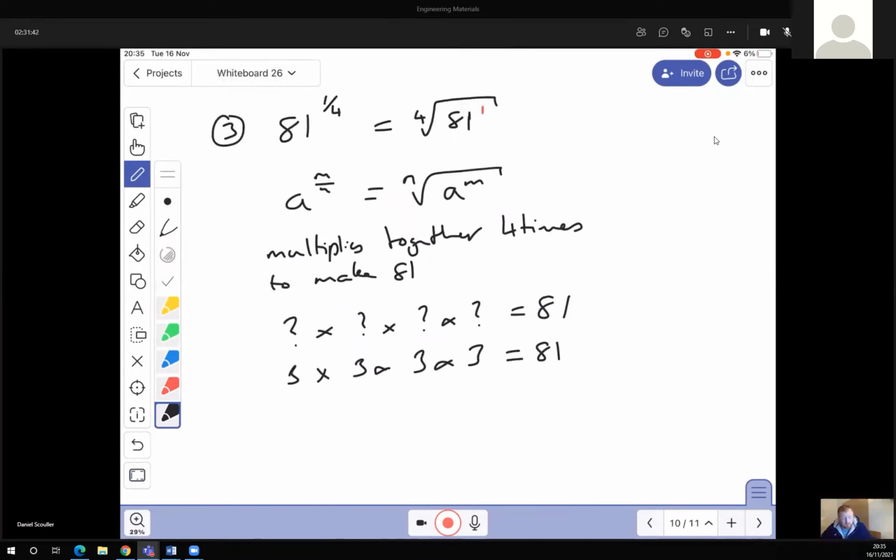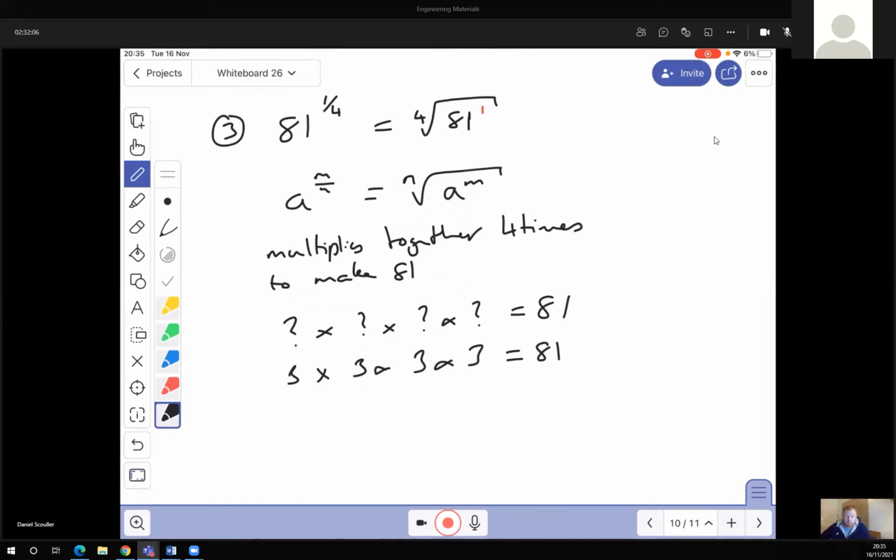So what looks quite difficult can be done quite easily. This is quite a common format to come up in your non-calculator paper. So you might get presented with 81 to the power of 1/4 and just be asked to evaluate.